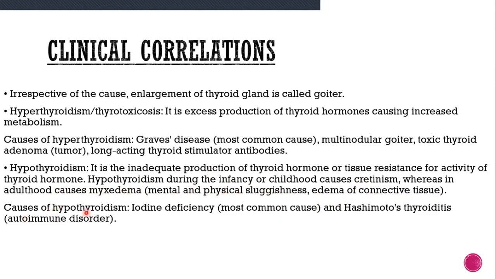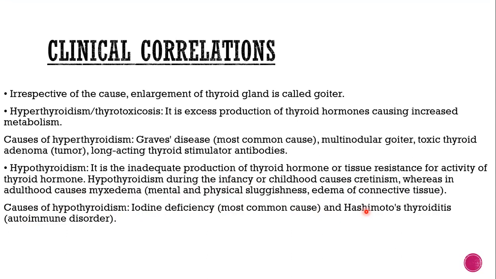What are some causes? It can be caused by iodine deficiency, which is the most common, and also Hashimoto thyroiditis, whose prevalence has been observed to be 7 times more in women than in men.